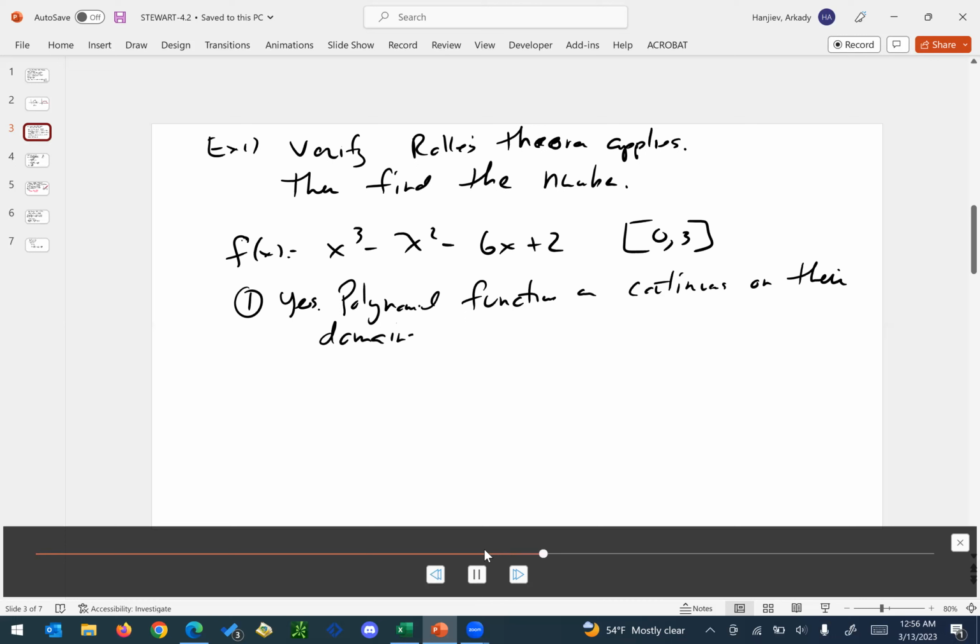Second of all, is f differentiable? Can we take a derivative of that particular function there? That's the next step. Yeah, polynomial functions. That was a theorem in the book, is if you have a polynomial function, you can take a derivative of it.